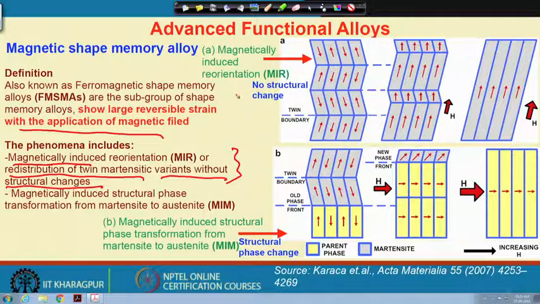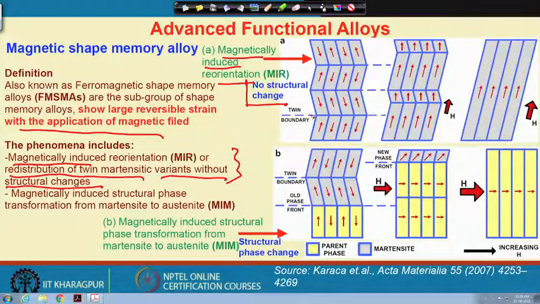Now, let us look at the MIR effect, where there is no structural change. Here structural change means the martensite to austenite type of structural change is not present. The MIR effect shows that we have twins in the martensite; this is one type of twin, and this is the magnetic domain.